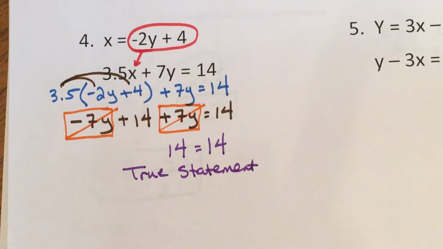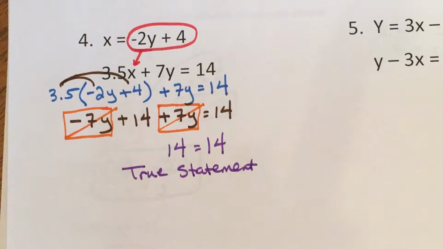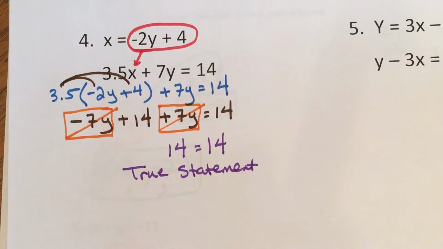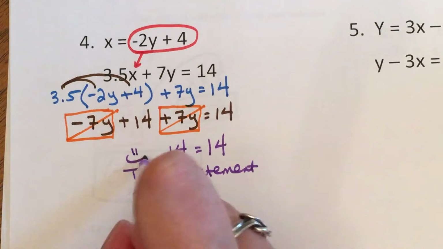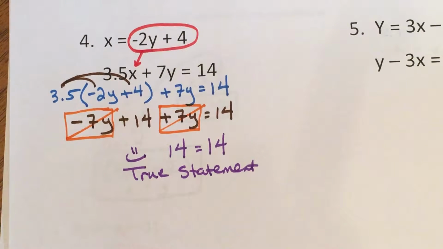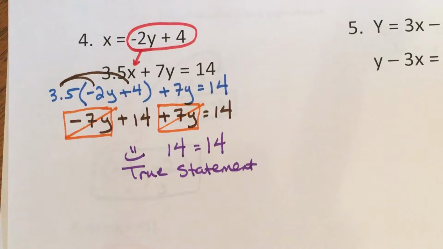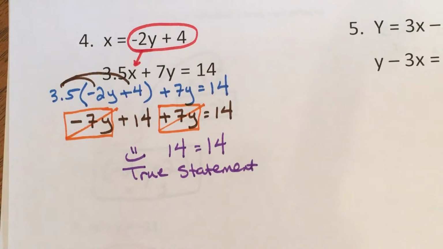It's no longer an equation with an X or a Y. It's a statement of being. 14 shoes equals 14 shoes. I don't know. So, yeah, as a result, I don't even have to go finish solving the system. I can stop right there and I can say, hey, you know what?